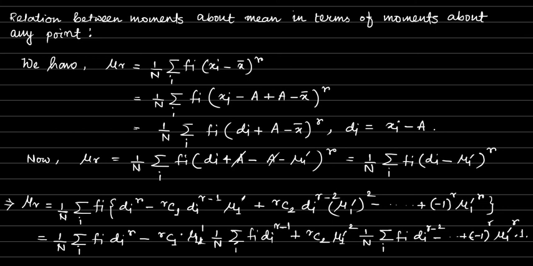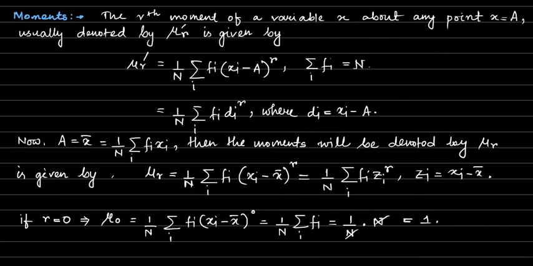Now let us see the result that we have written in the previous page. What is mu r dash? Mu r dash is 1 by n summation over i f_i into d_i to the power r.